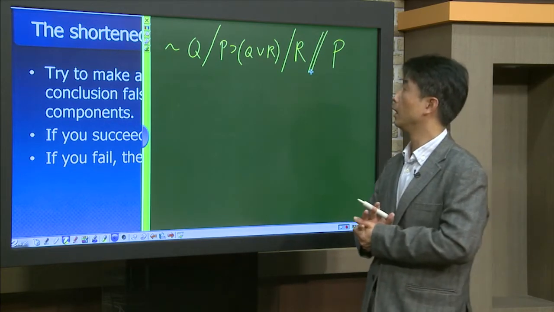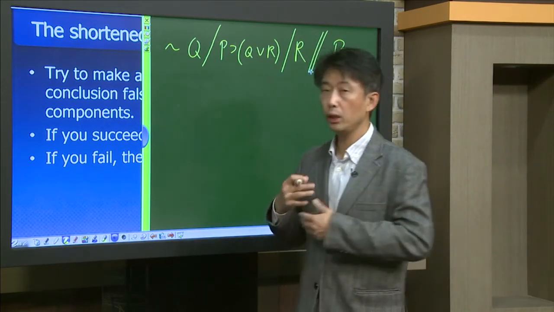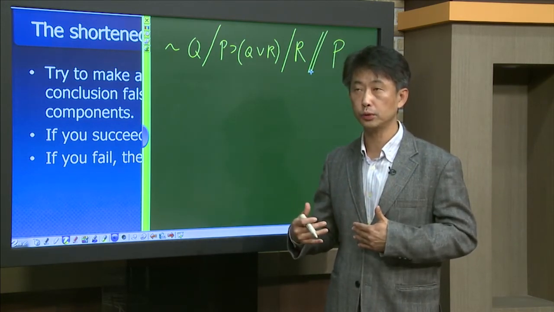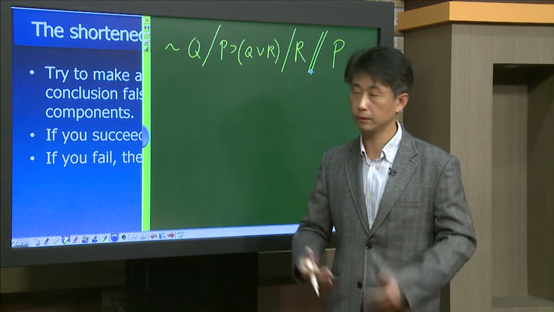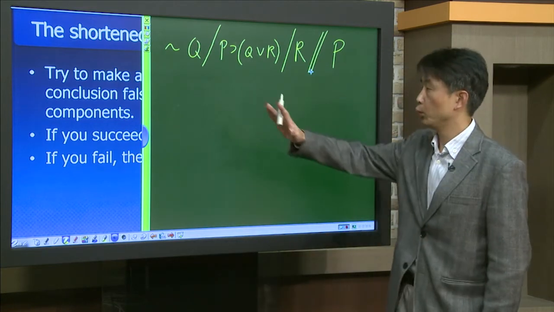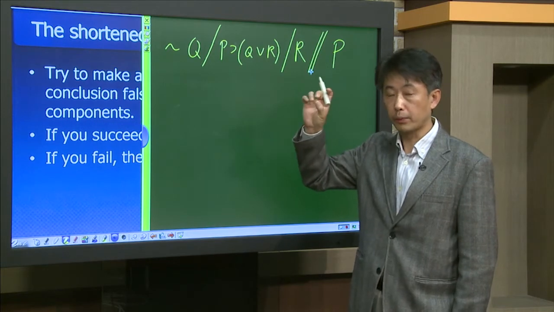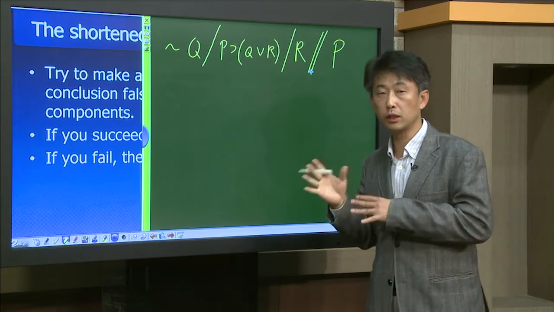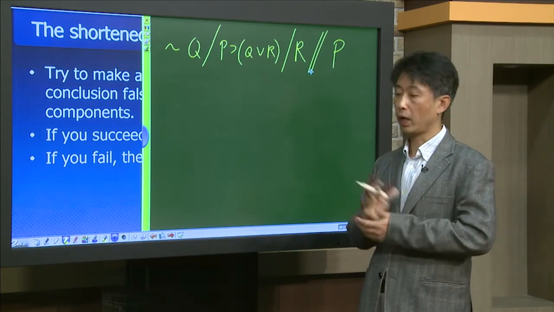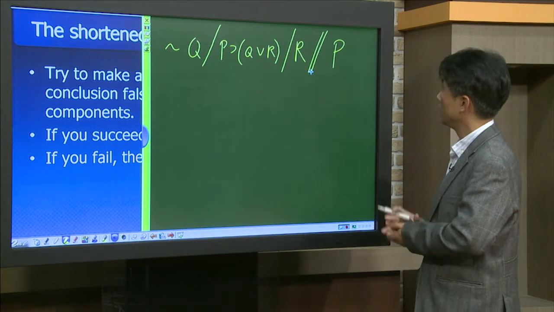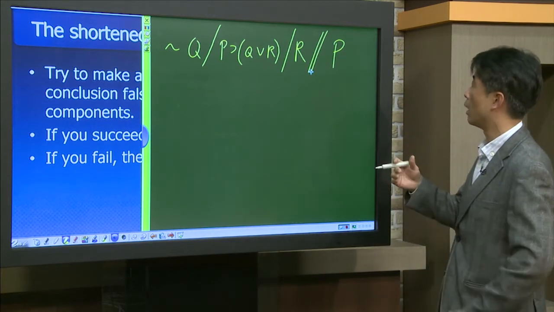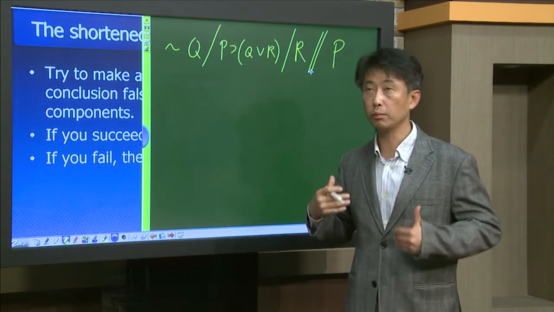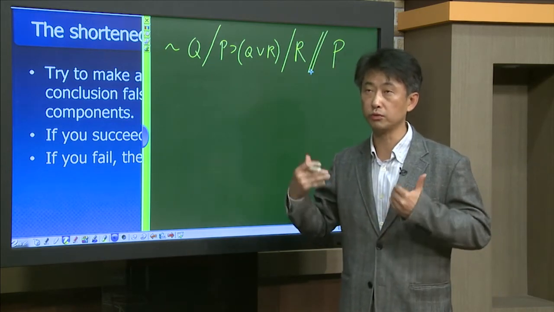But anyway, let's try to make all the premises true and the conclusion false. You can start to work from the premises, or you can start from the conclusion. Either way, it's okay. In this case, I will start from the premises. What I'm trying to do is make all the premises true and the conclusion false.